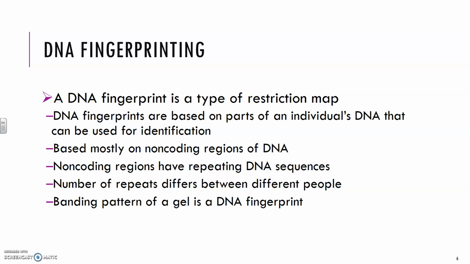Because if you have more repeats, you're going to get a longer piece of DNA, and a longer piece of DNA means it's going to move a shorter distance through a gel electrophoresis. So when you run everything in a gel, you get this banding pattern, okay? That is very similar to what we looked at in the last chapter with the different bars on it.